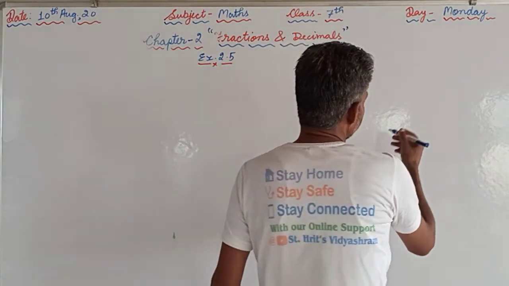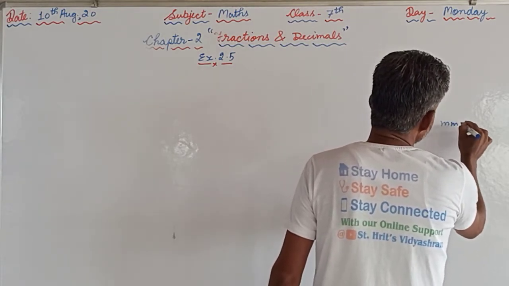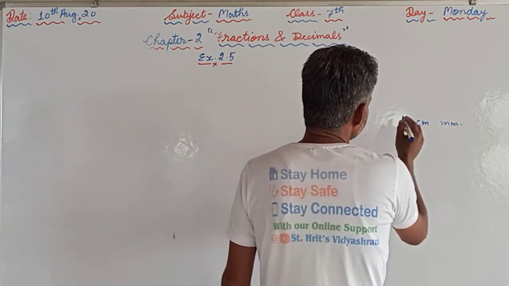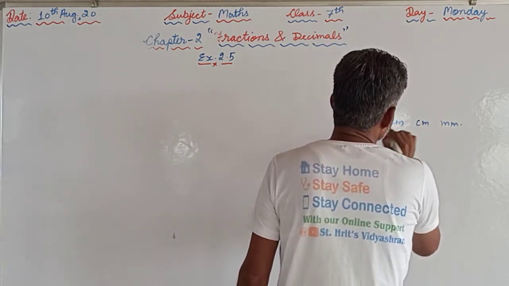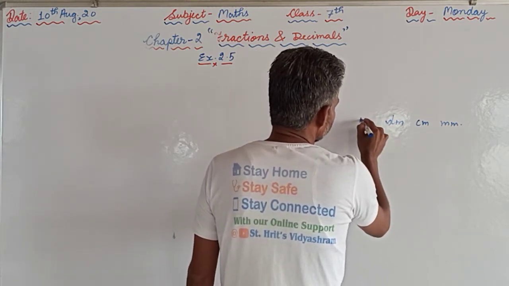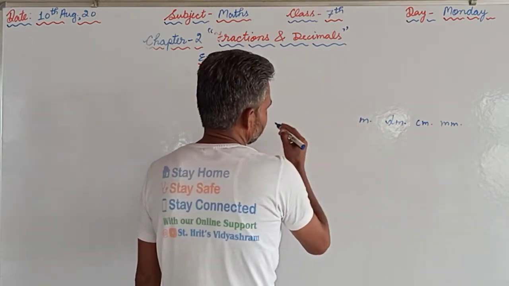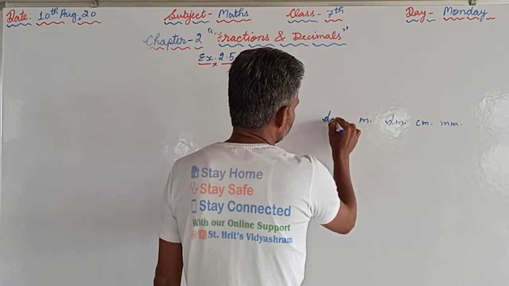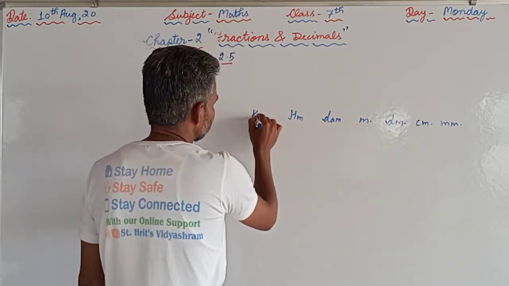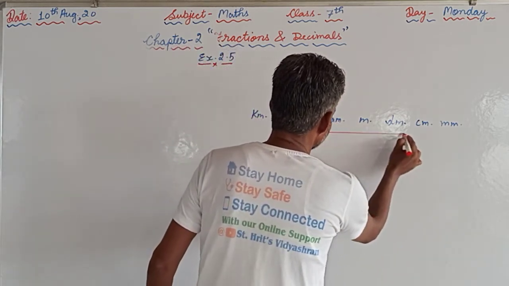So first of all we will write the smallest one, that is millimeter, then centimeter, then decimeter, then meter, then after meter there will be decameter, then hectometer, then kilometer. This is increasing order.